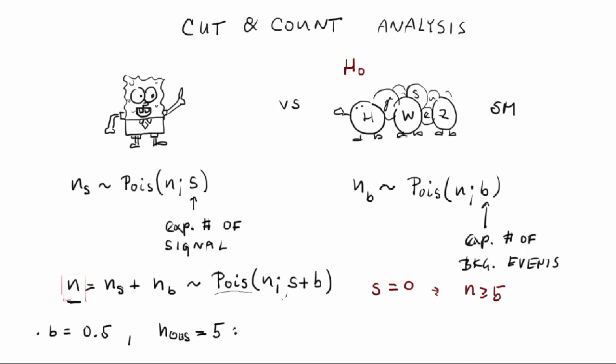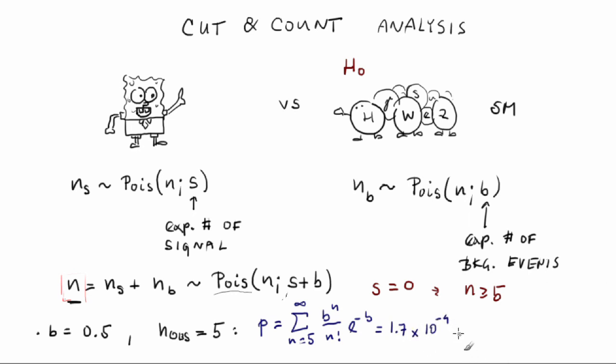We are getting the following p-value. p is equal to a sum over n equal to 5 to infinity, b to the power of n over n factorial e to the minus b, and this is equal to 1.7 times 10 to the minus 4.